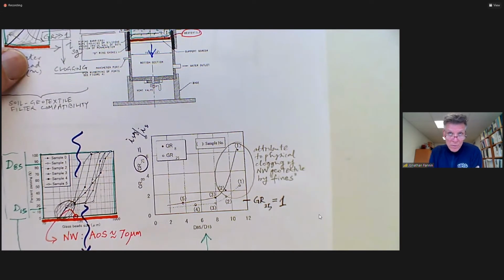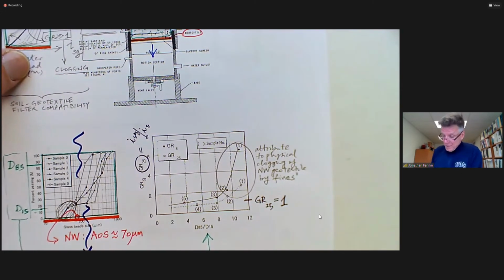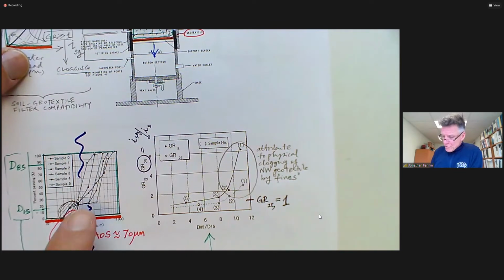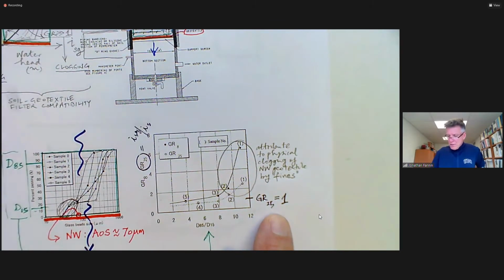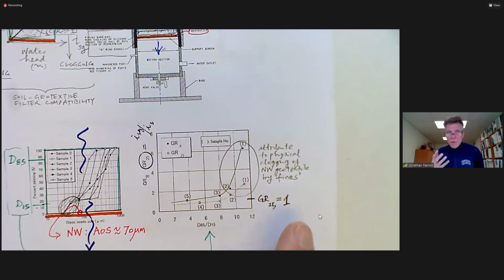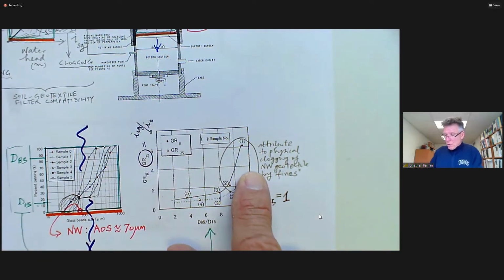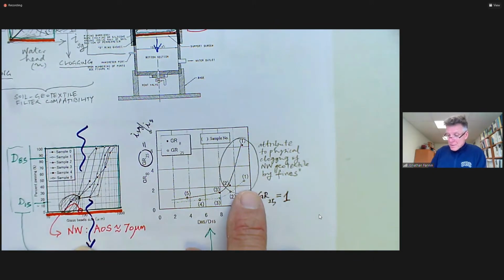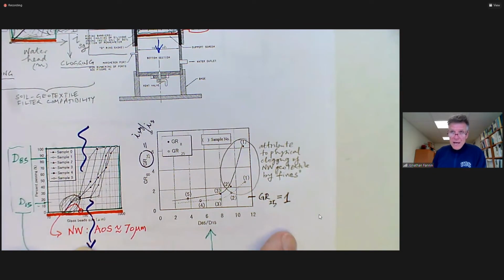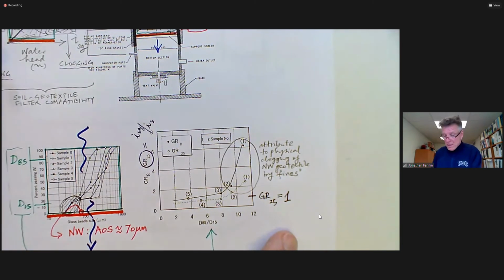The owner was BC Hydro. And so it's a possibility, and therefore the rationale for interpreting or quantifying filter compatibility is one that we need to understand in advance of going to this case study.